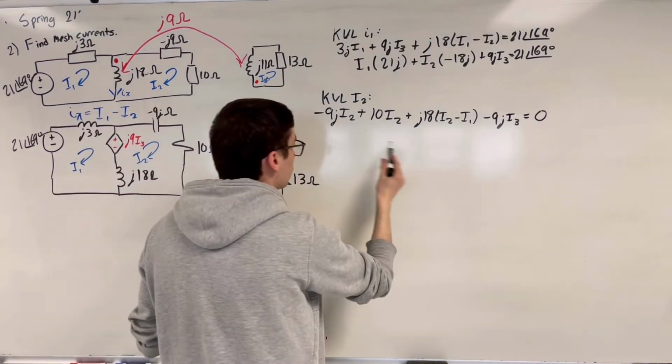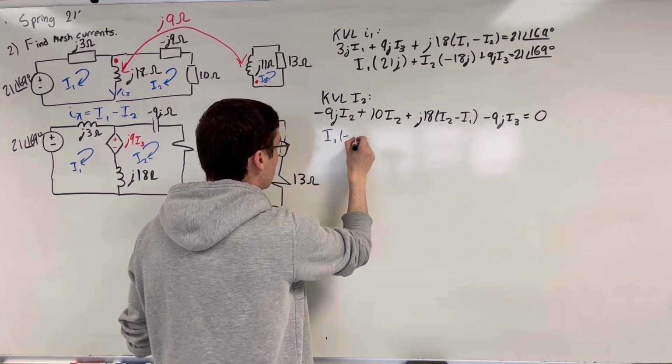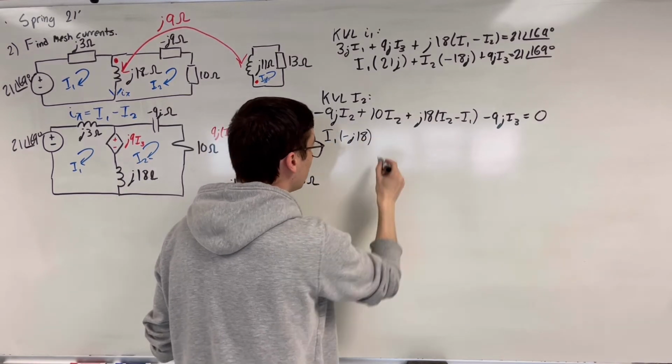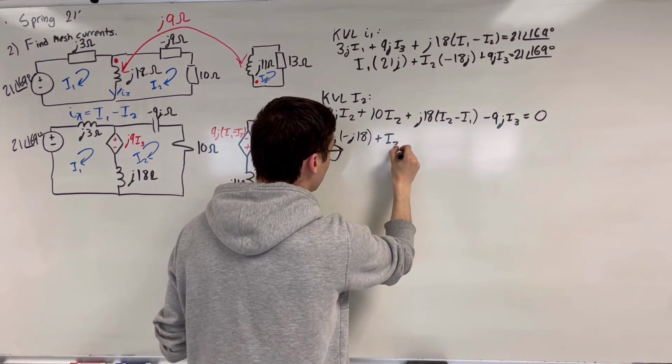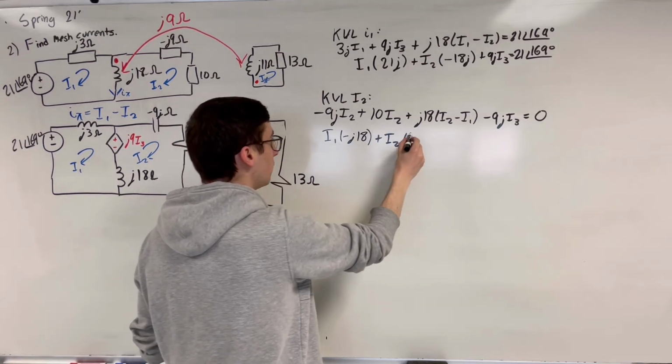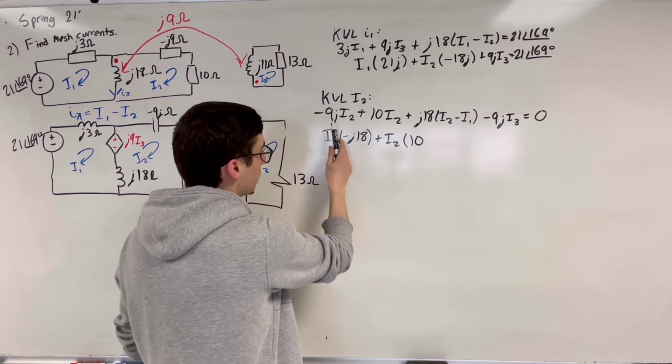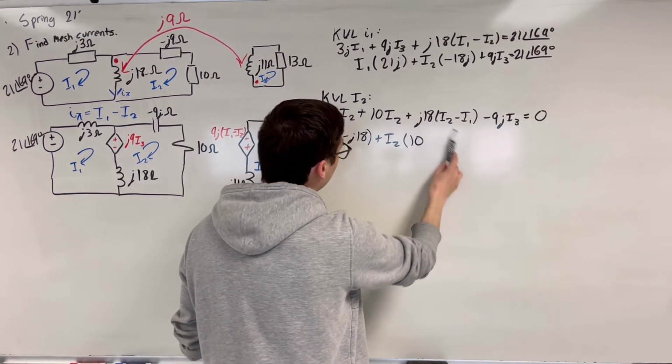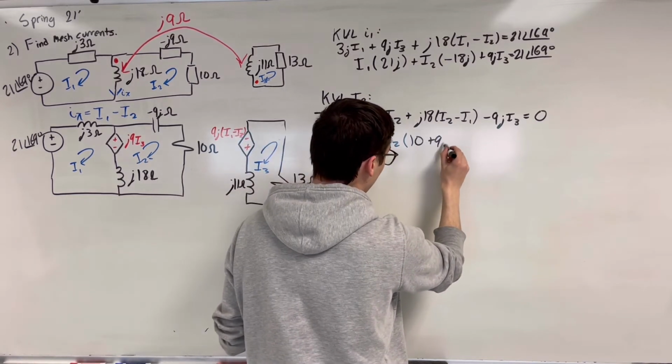So I1 is just going to be negative j18, plus I2, which is going to be 10 plus 18 minus 9, which is plus 9j.